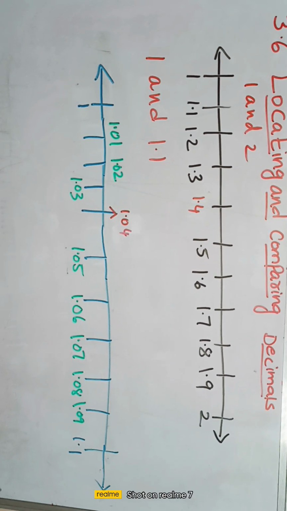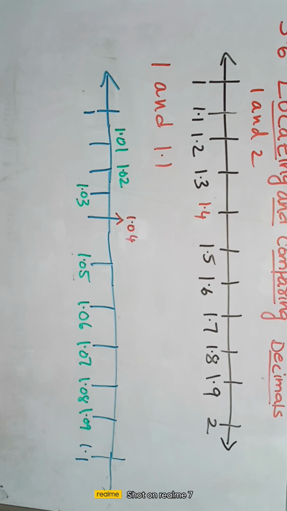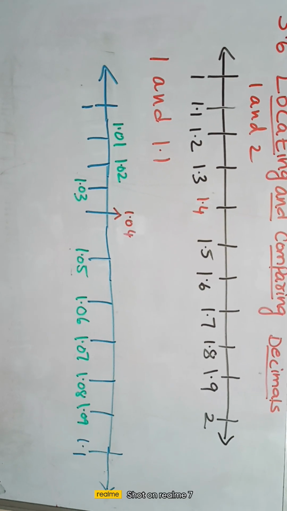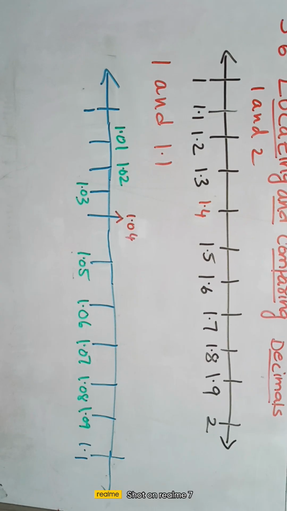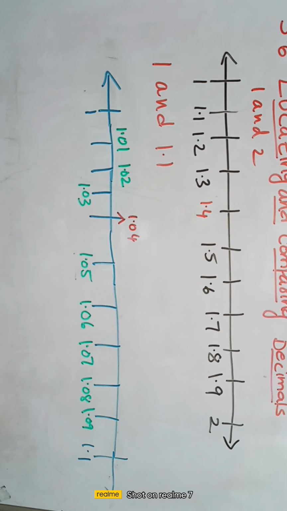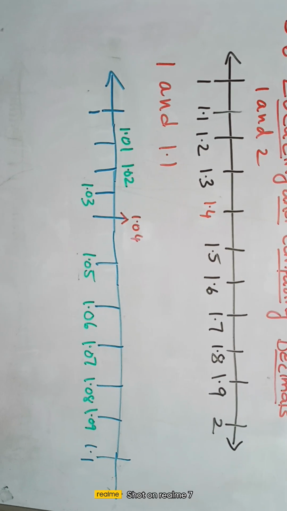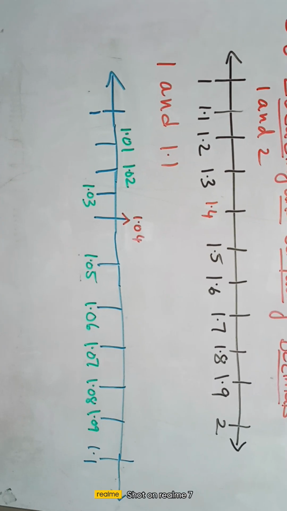Between 1 and 1.1 there are hundredth parts: 1.01, 1.02, 1.03, like that 1.09, and after that 1.1.